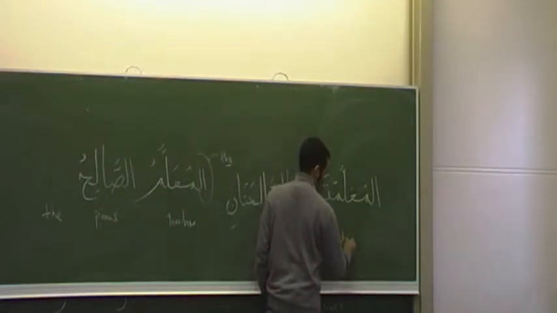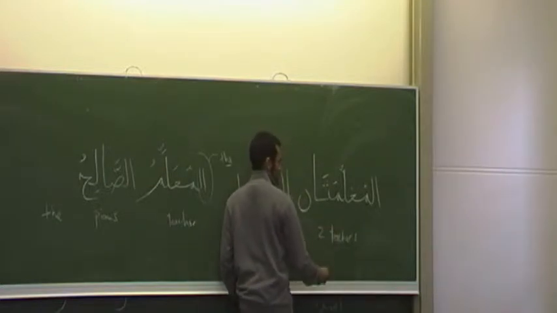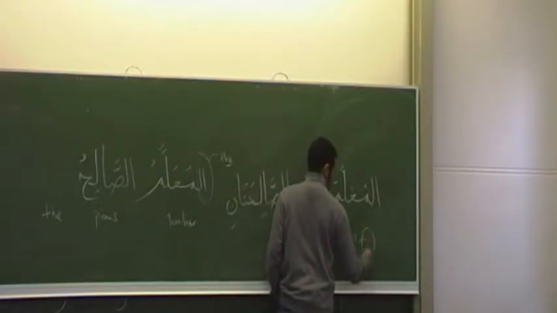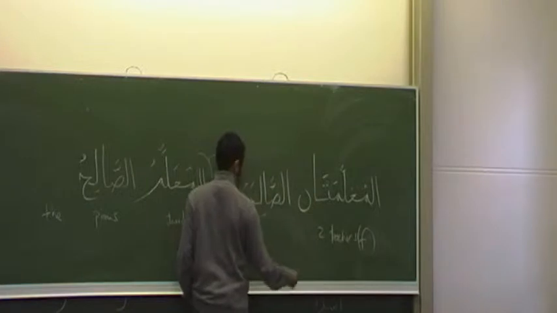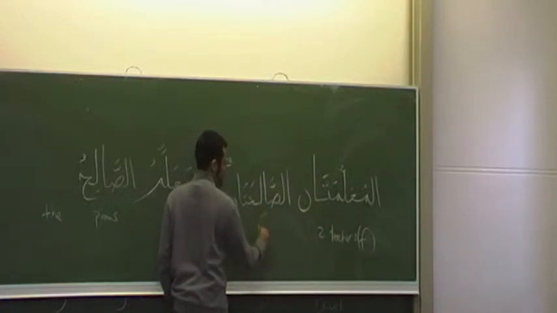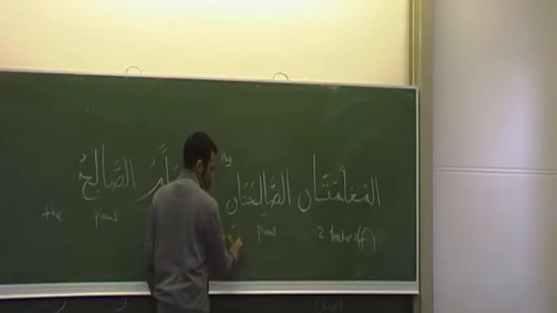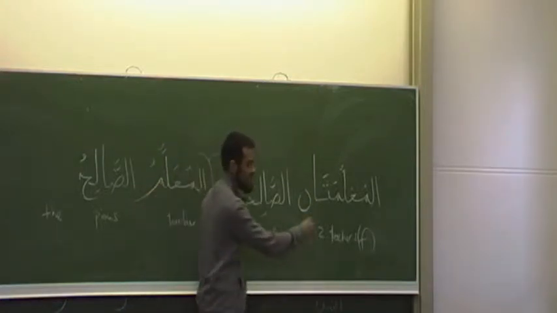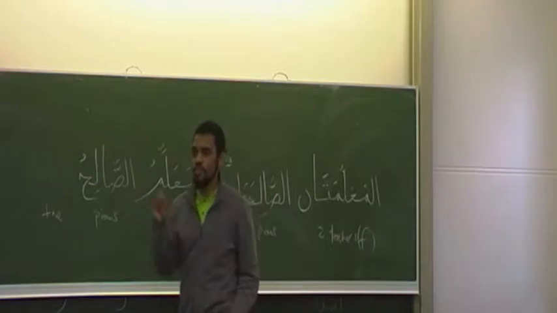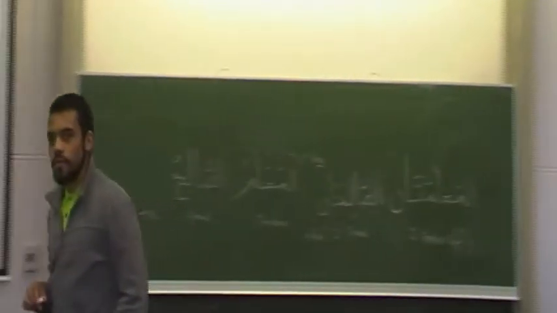How many? Two. Two teachers, masculine or feminine? Feminine. So the two female teachers, and this is pious, so the two pious teachers. And in brackets you can put F for feminine.